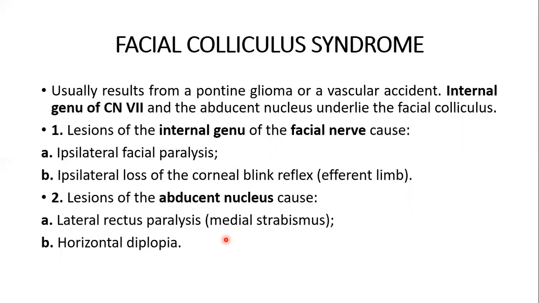And then the abducent nucleus also underlies the facial colliculus. The lesion of the internal genu causes ipsilateral facial paralysis and ipsilateral loss of the corneal blink reflex, efferent limb. And then the lesion of the abducent nucleus, what will it cause? Lateral rectus paralysis, medial strabismus, and horizontal diplopia.